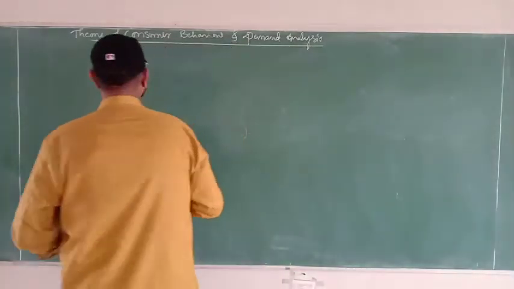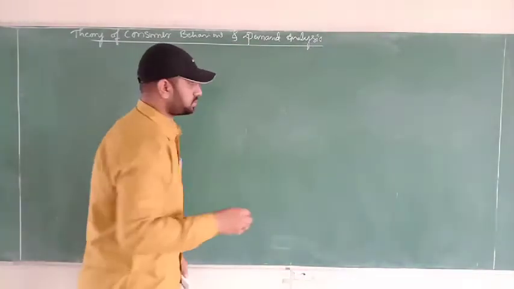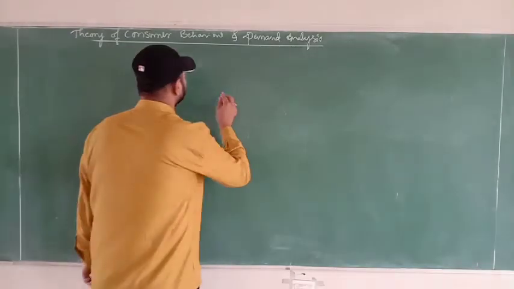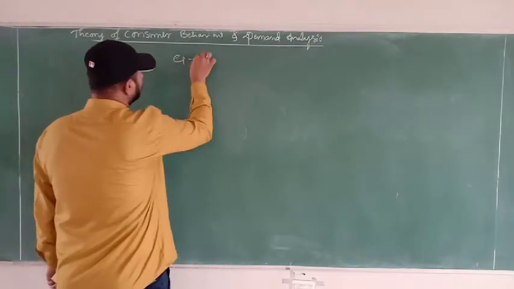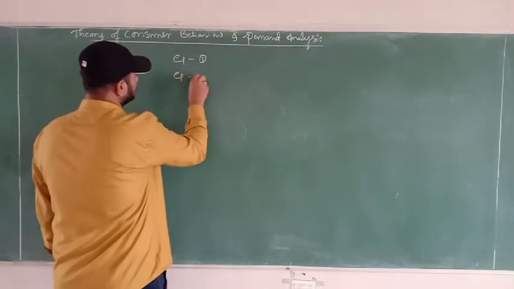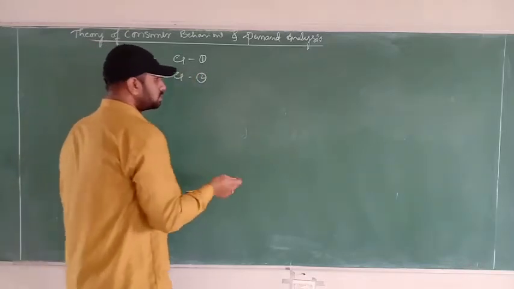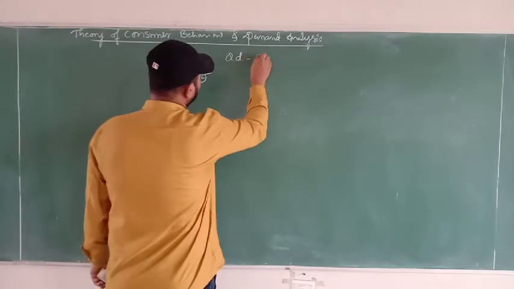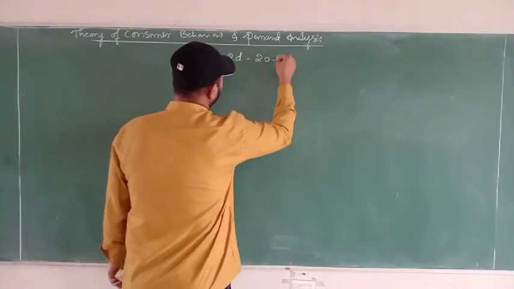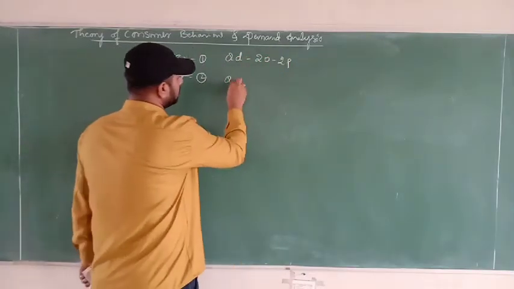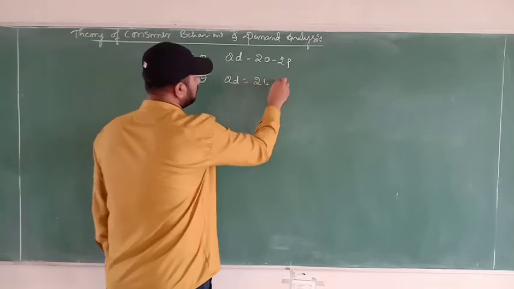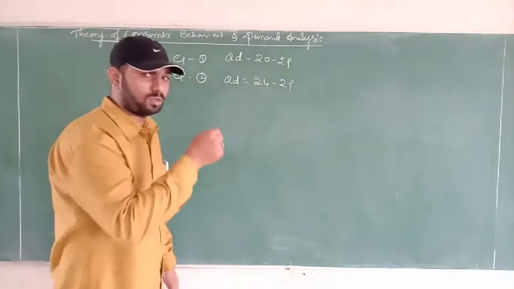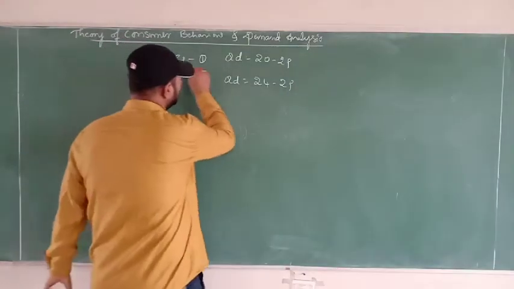Let's take two equations for example purposes, equation 1 and equation 2. Let's go with the linear demand equation. For example, QD equals 20 minus 2P, then QD equals 24 minus 2P.